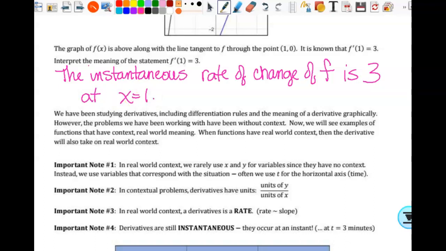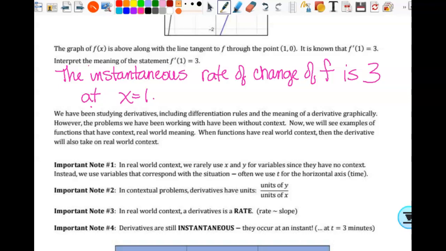Okay. So when we're talking about the instantaneous rate of change, how the function is changing at a specific point, we have to make sure we say at what, and it has to be at an x value. Okay. And of course, if we had more information here, we'd have units and stuff like that.